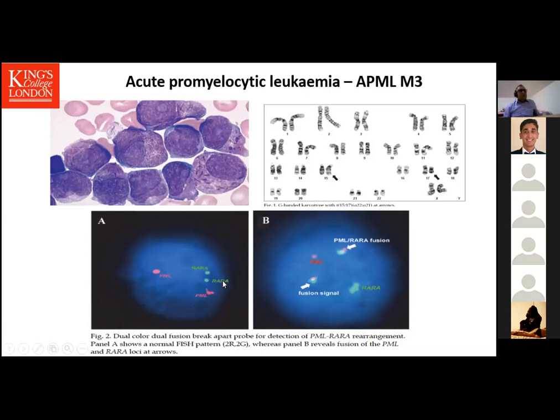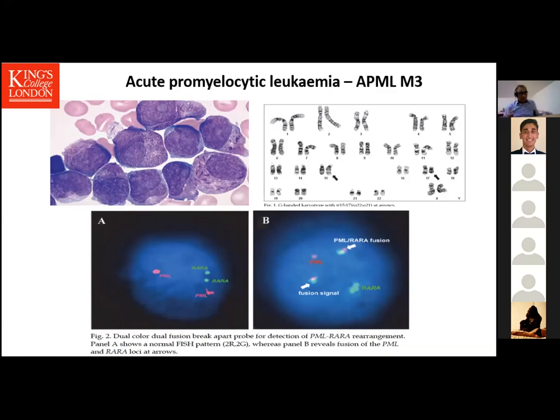So promyelocytic and retinoic acid receptor protein, and when they join together, they cause arrest of maturation at the promyelocyte, and that causes further neutropenia, and these patients then become cancerous. So 15-17 translocation, PML-RARA, Auer rods, abnormal promyelocytes, DIC, these are the characteristic features of APML.